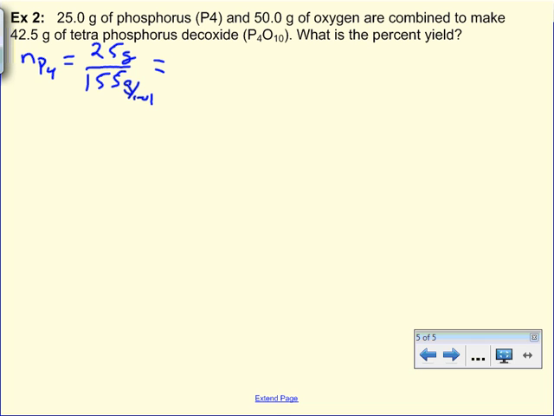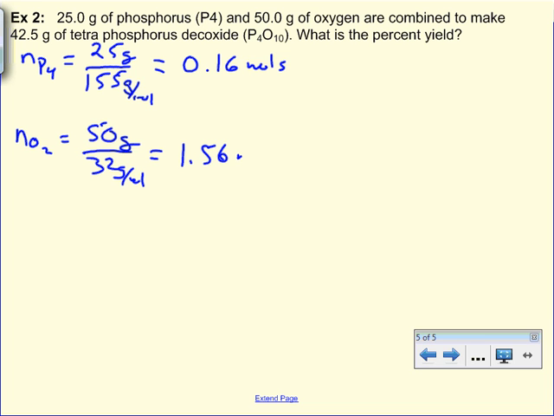That gives us 0.16 moles for P4. All right. For oxygen, number of moles of O2, I have 50 grams divided by 32 grams per mole of O2. I get a grand total of 1.56 moles for this.